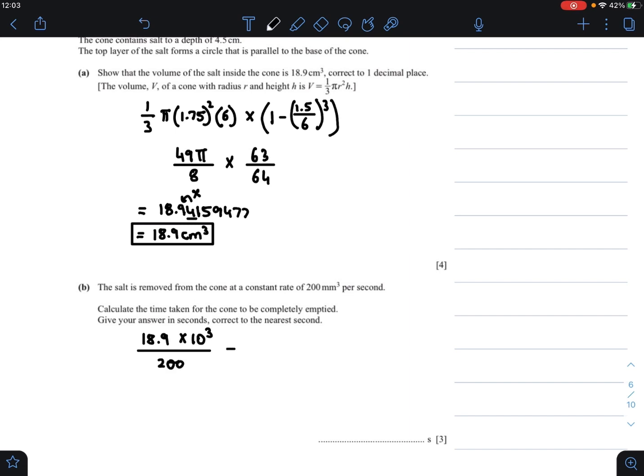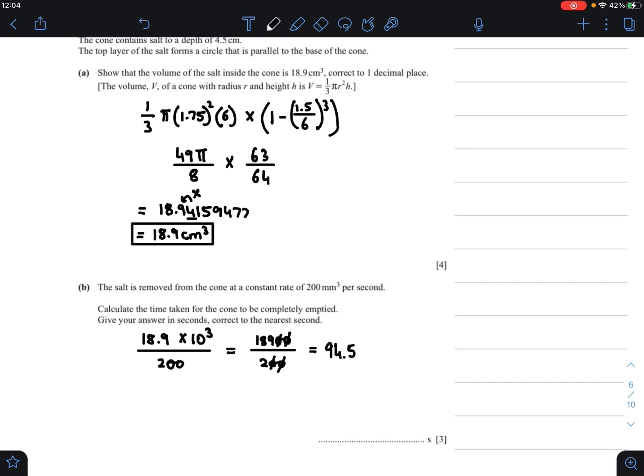So therefore now we just need to simplify this. So 18.9 multiplied by 10 raised to 3 is equal to 18,900, and the whole thing divided by 200. So we can cancel the two zeros. Therefore 189 divided by 2 is equal to 94.5.